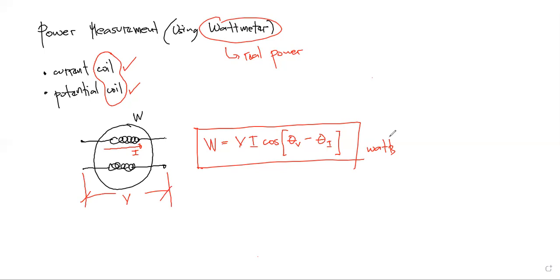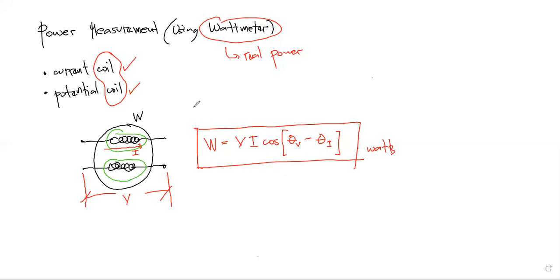So from now on, we will have a standard configuration of the wattmeter such that the current coil is the coil above, and the potential coil is the coil below.